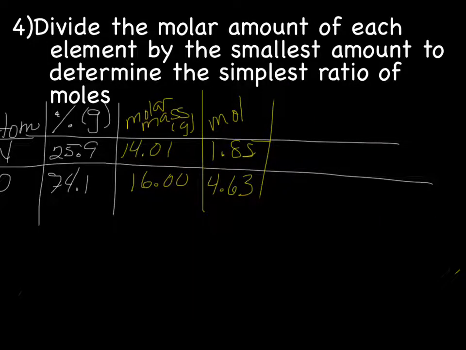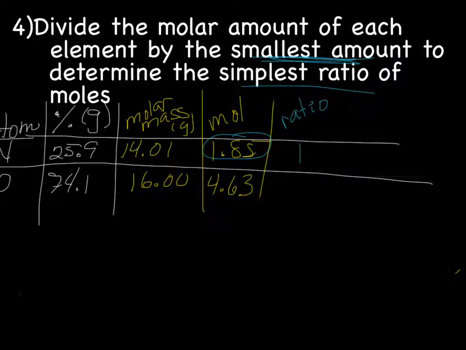Next step, divide the molar amount of each element by the smallest amount to determine the simplest ratio. So if we look at our moles, we have 1.85 and 4.63. 1.85 is the smallest, so we're going to divide both moles by 1.85, and that's going to give us our ratio. 1.85 divided by 1.85 is 1.